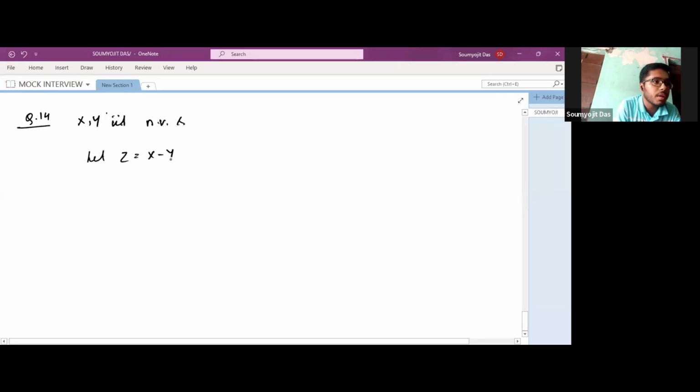Just consider z to be x minus y. So the probability of z is less than or equal to z, so x minus y is less than or equal to z.